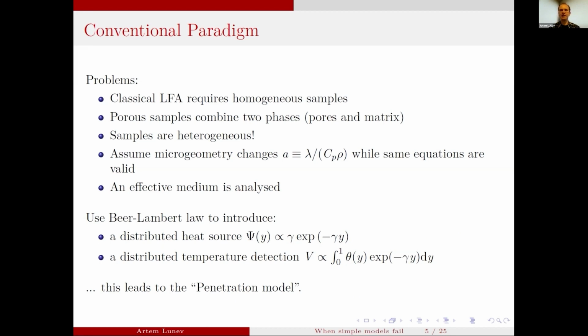The problem with this setup when dealing with porous samples is that classical LFA, which was formulated more than 50 years ago, requires homogeneous samples. But porous samples are heterogeneous, and they combine two phases, the pores and the matrix.